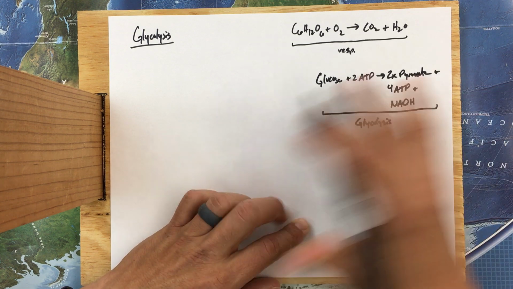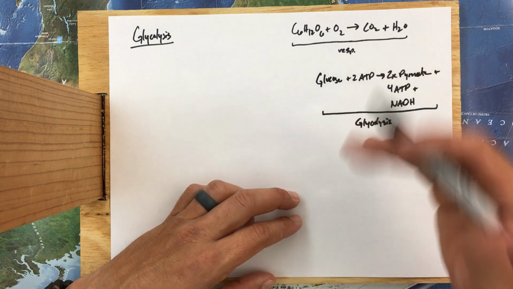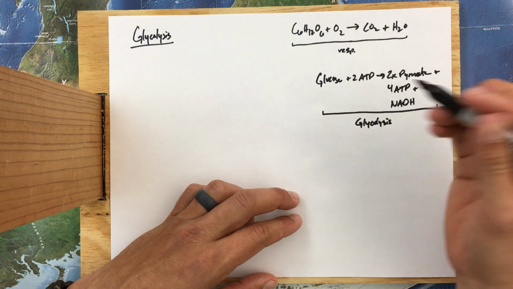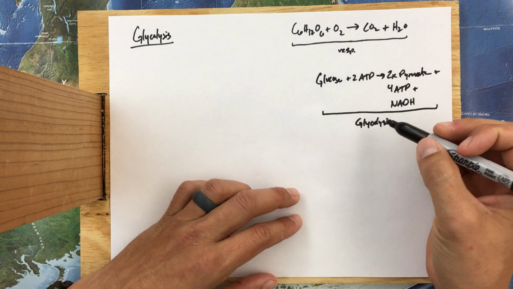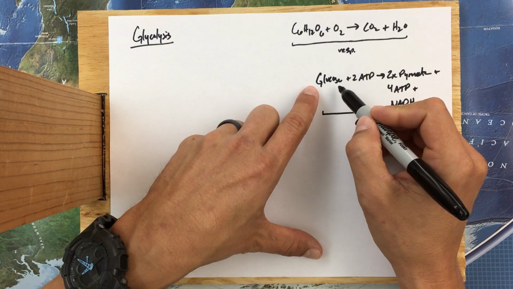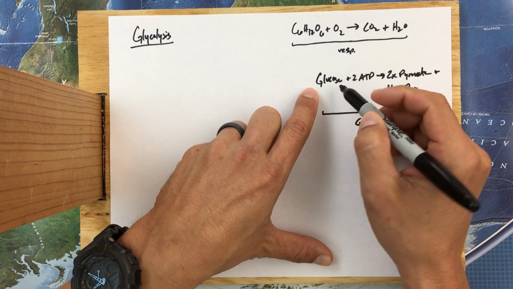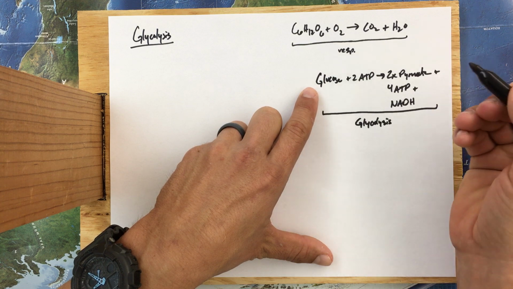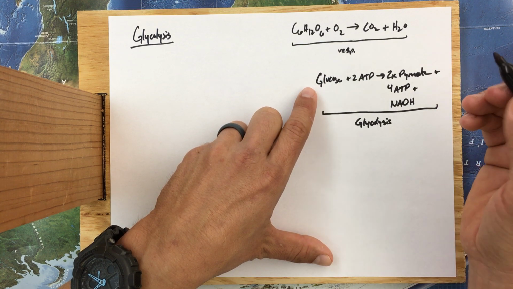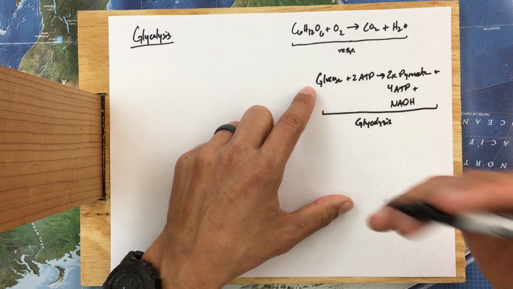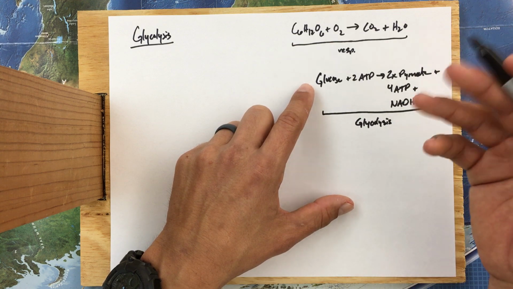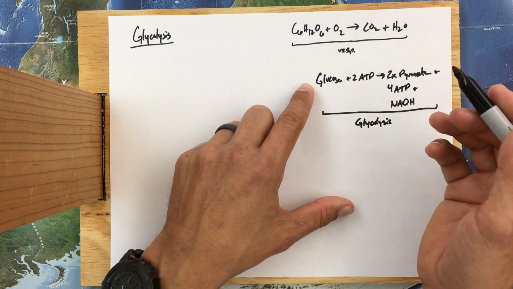So as we go through all of these reactions, whenever we talk about what we're conceptually doing in every step of cellular respiration, you are starting with this molecule of glucose. Glucose isn't super unstable, but because it is a larger molecule, it has a lot more energy that it can make available to the system than a smaller molecule.